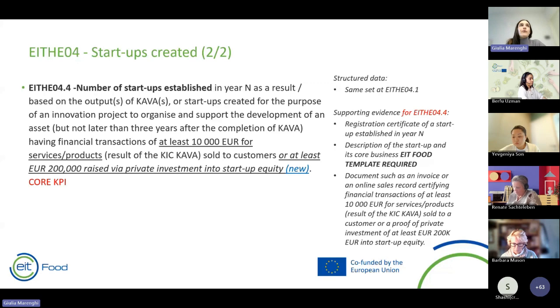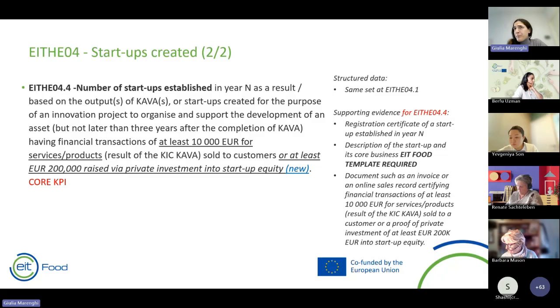On the other hand, if the KPI committed is 04.4, so number of startups established with at least 10K euros of services and products sold, or at least 200K raised via private investment into startup equity, on top of the structured data that we saw for EIT 04.1, you will have also to share 3 additional documentation, which are: 1, the registration certificate of the startup established; 2, the description of the startup and its core business to be provided using an EIT Food template.